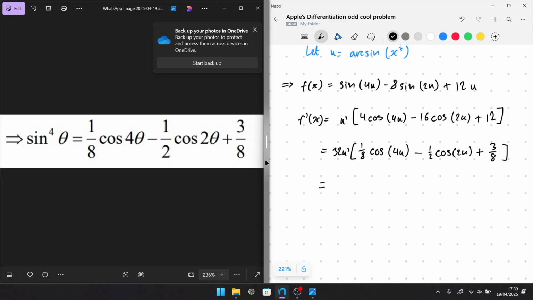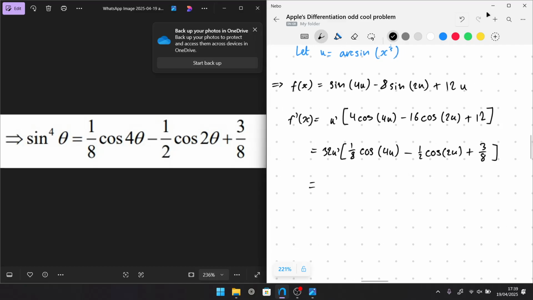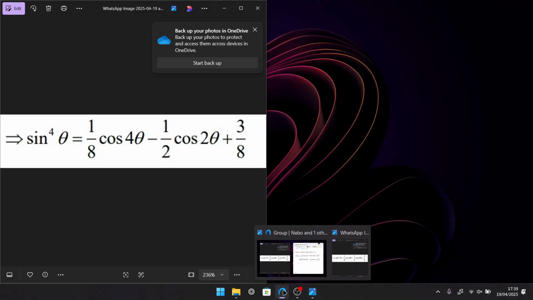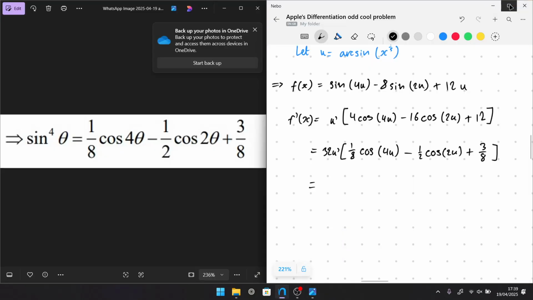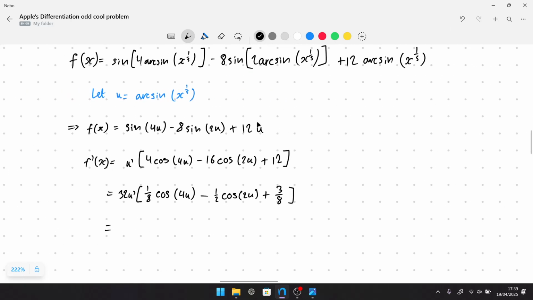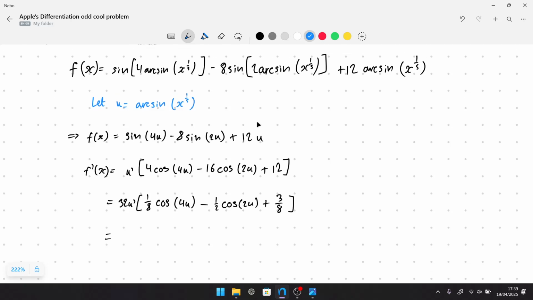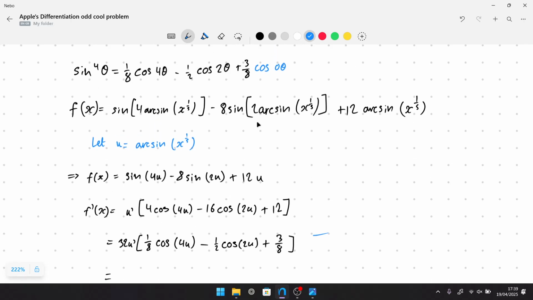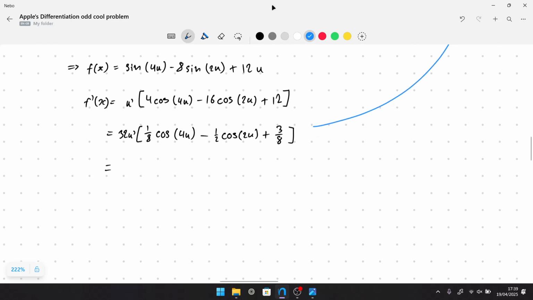From here, we can use our substitution from earlier. We need to use that because we know what this is now.